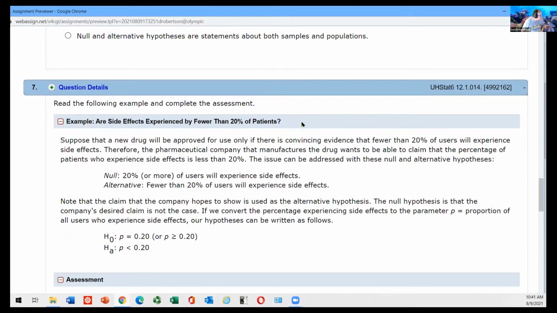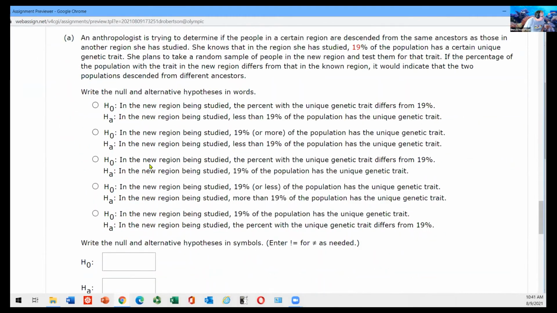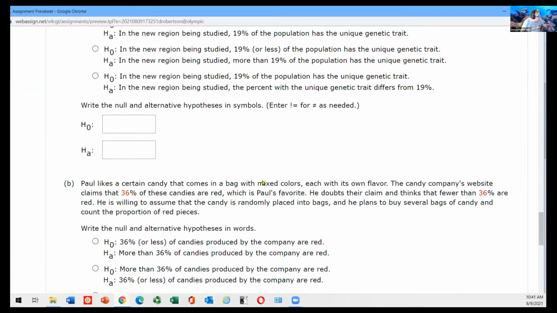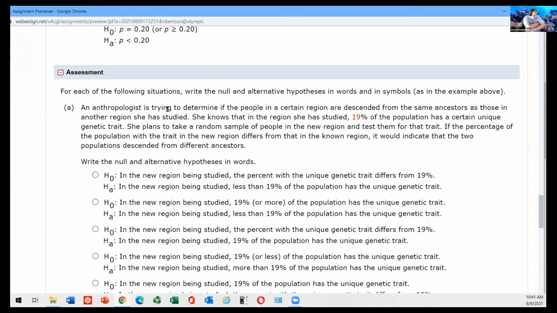And this is something you just go through. Another one of these. Well, this one at least has got numbers, so I can do that. An anthropologist is trying to determine if people in a certain region are descended from the same ancestors as those in another region. Okay. So she knows that in the region she studied, 19% of the population have a certain unique genetic trait.